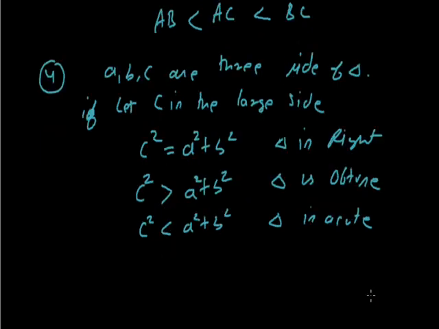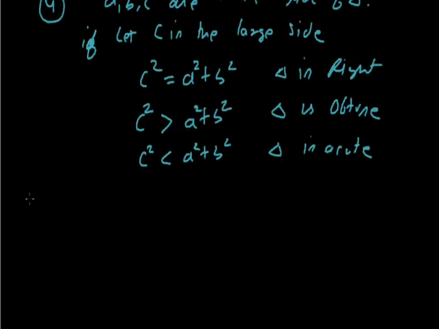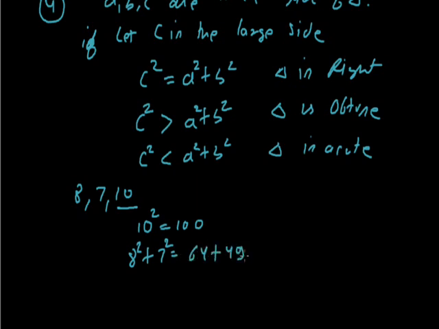Let's take an example. Let's say you have sides 8, 7 and 10. With these three sides, which type of triangle can be formed? 10 is the larger, so we take 10 square, that is 100. Now 8 square plus 7 square is 64 plus 49, which comes to 113.